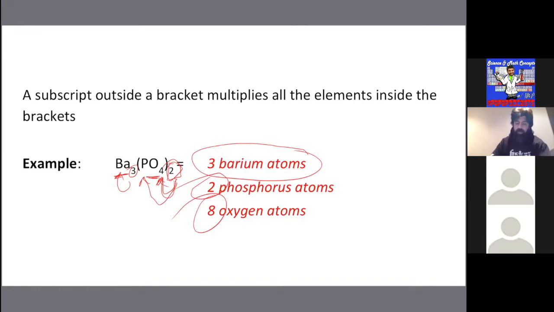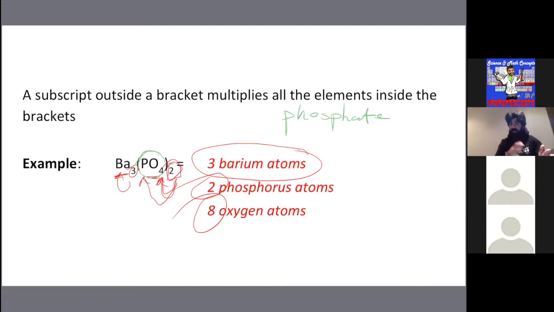Now another way to look at this, and this part is important, is to be able to identify what's in these brackets. Let me change the color here so we can see what I'm doing. What's in these brackets is a phosphate. It's a phosphate polyatomic ion, what we looked at in 4.3. So go back to 4.3 to find out the polyatomics. We can look at it in 2 ways.